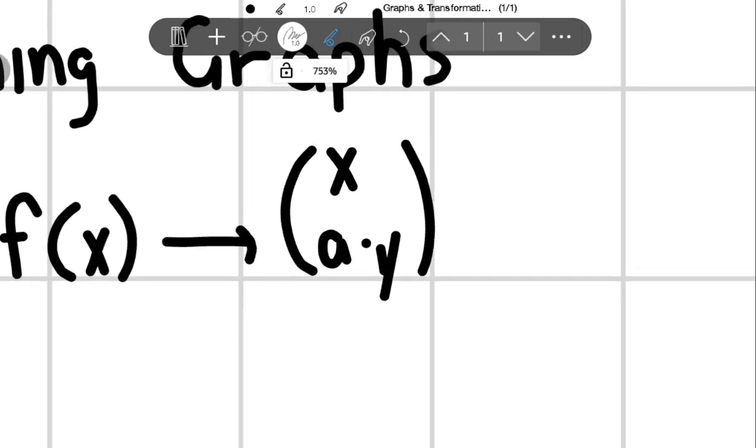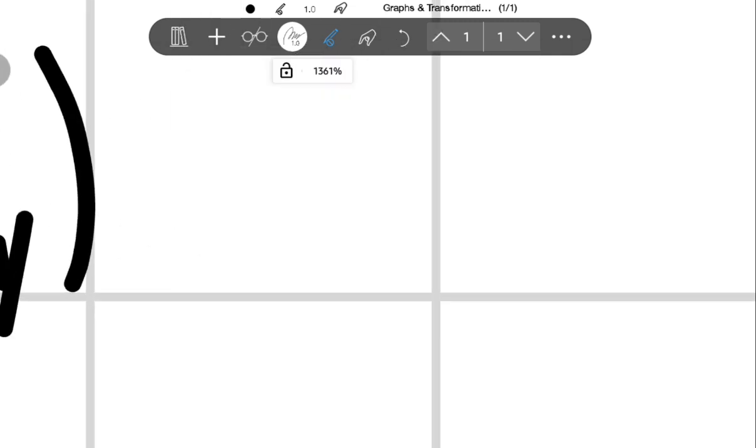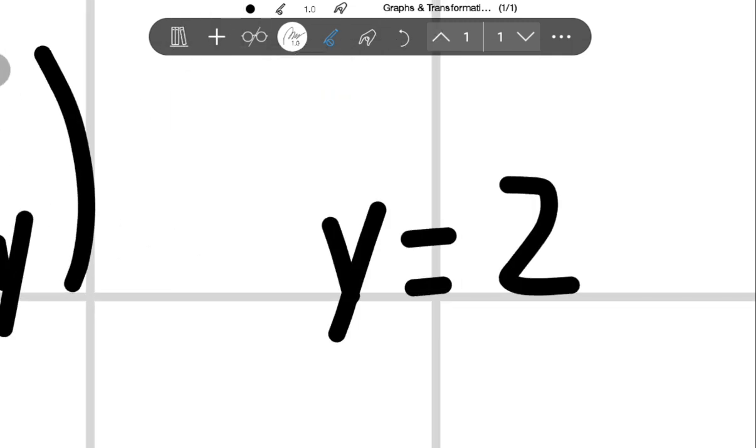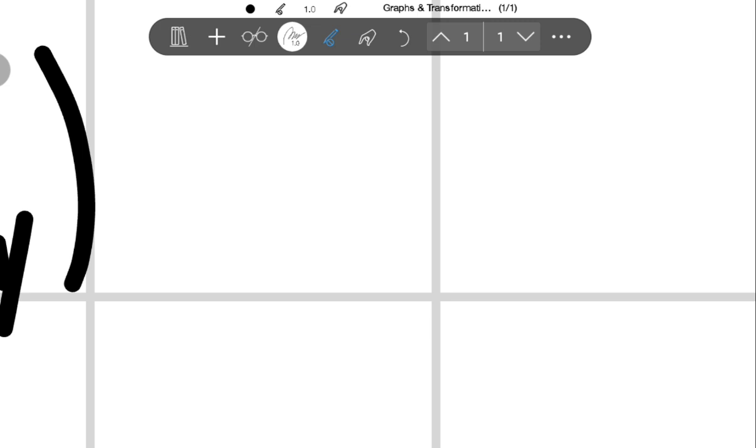You'll have your x coordinates as they are normally, and you're just going to multiply each y coordinate by a. So let's say you have y equals 2x squared, for example. Each y coordinate will increase by a multiple of 2, aka you just do y times 2.